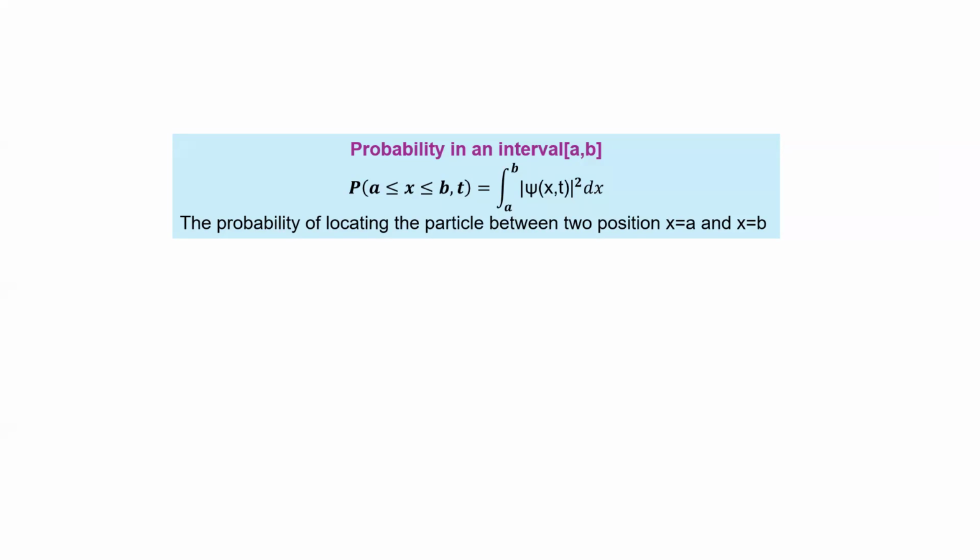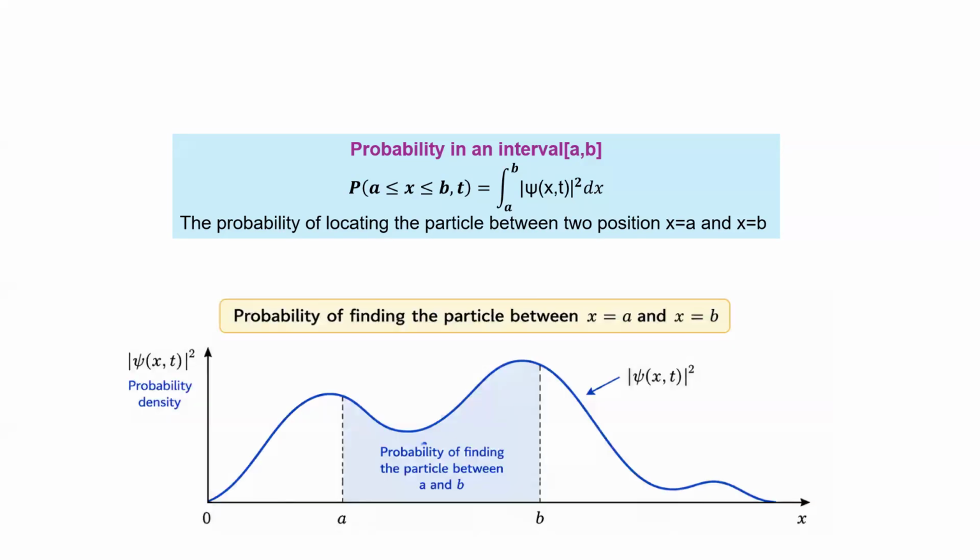This gives you the probability of locating the particle between the positions x equals a and x equals b. On the y-axis, you plot the probability density, that is modulus of psi(x,t) squared, and on the x-axis, the position of the particle. The area under the curve gives you the probability of finding the particle between points A and B. Right, so that is one of the features of quantum mechanics.